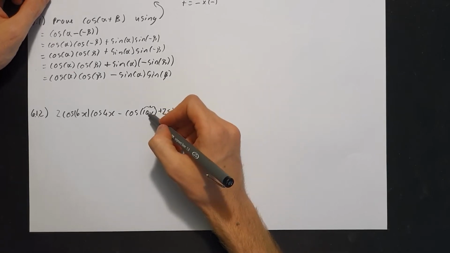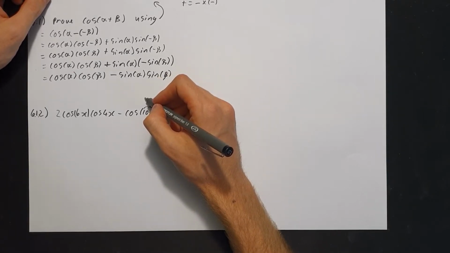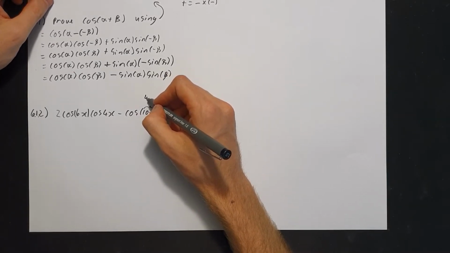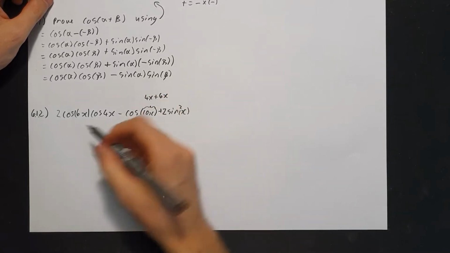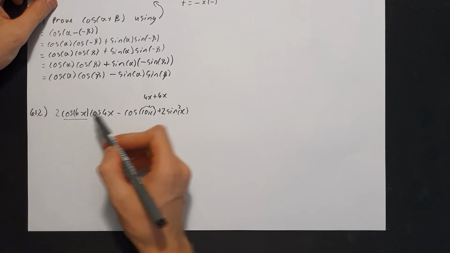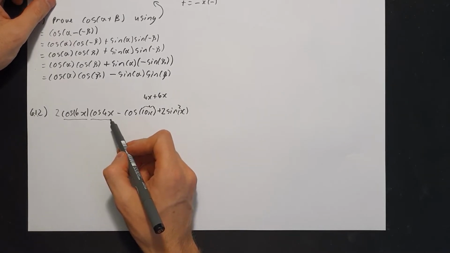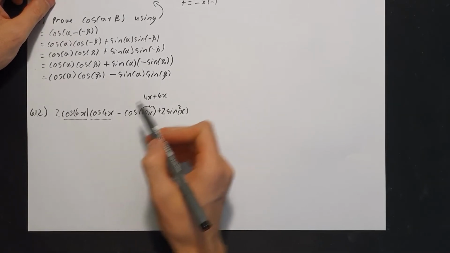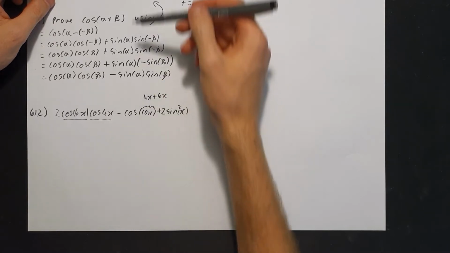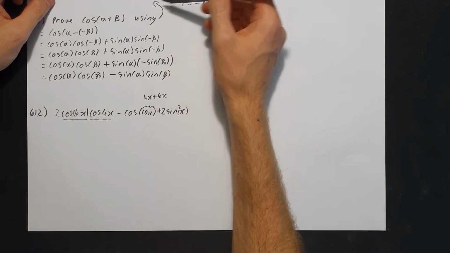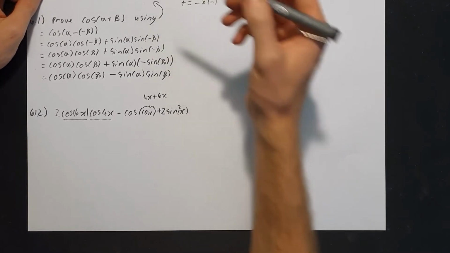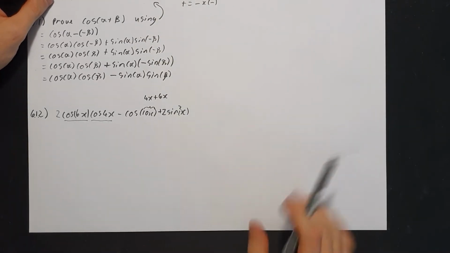But if you look at this, we know that 10 is broken up into 4x plus 6x. So why am I doing that? Well, on this side I have a cos of 6x and a cos of 4x. So if I can break this up and then use my identity rule in the top, because it's 6.1.2, so we can still use what we've done in 6.1, okay, we might be able to simplify this.